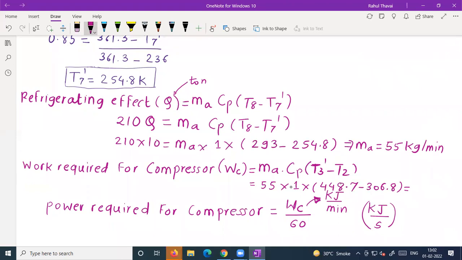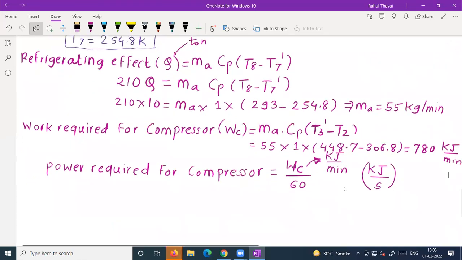Yes, we are getting it equal to 780 kilojoule per minute.